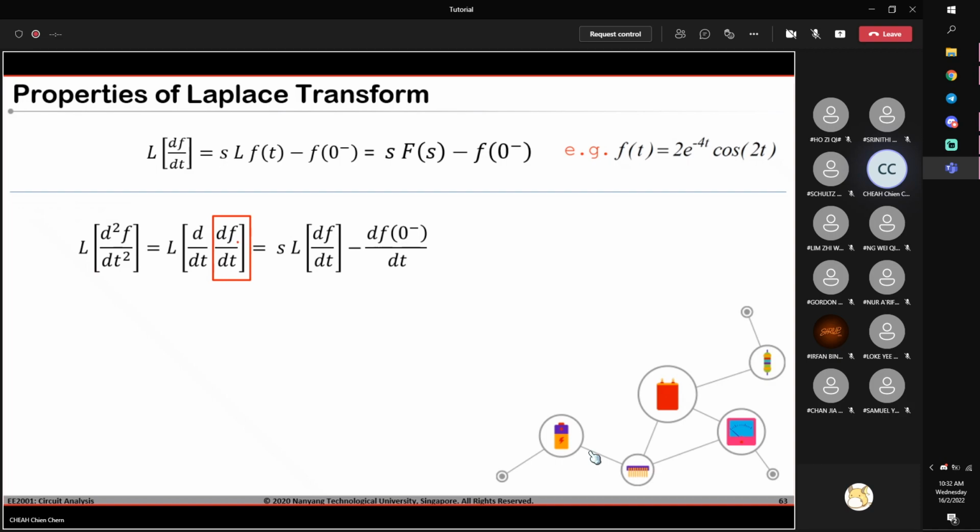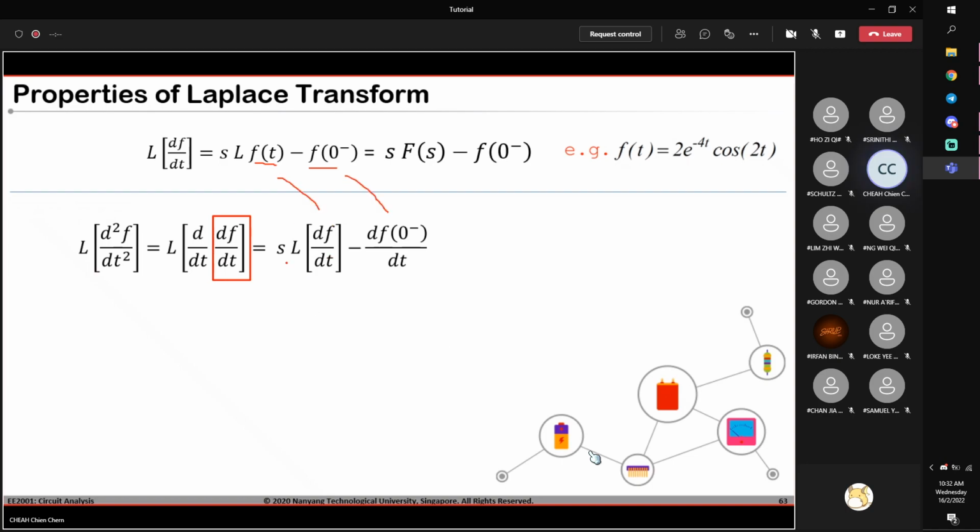And we know how to take the Laplace transformation of one differentiation, which is s times the Laplace transformation of your df/dt, minus the initial condition of df/dt. It means df/dt now becomes your signal. You apply this formula, substitute for df/dt, you get this one.